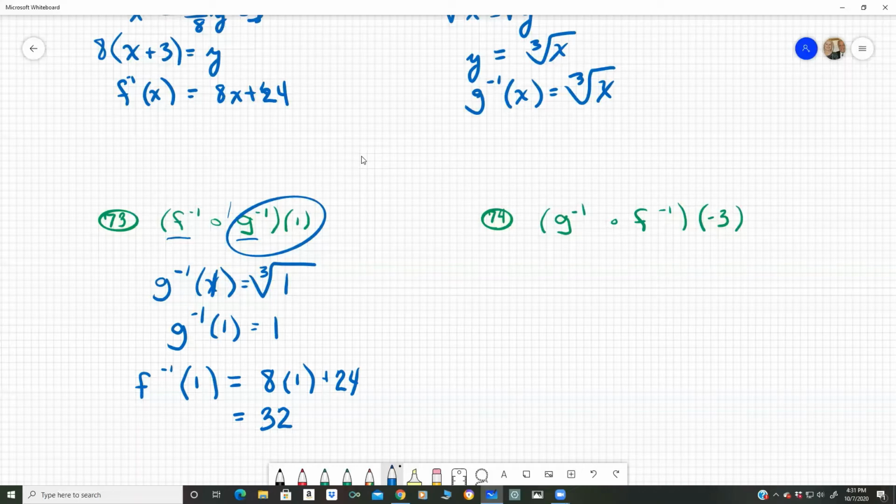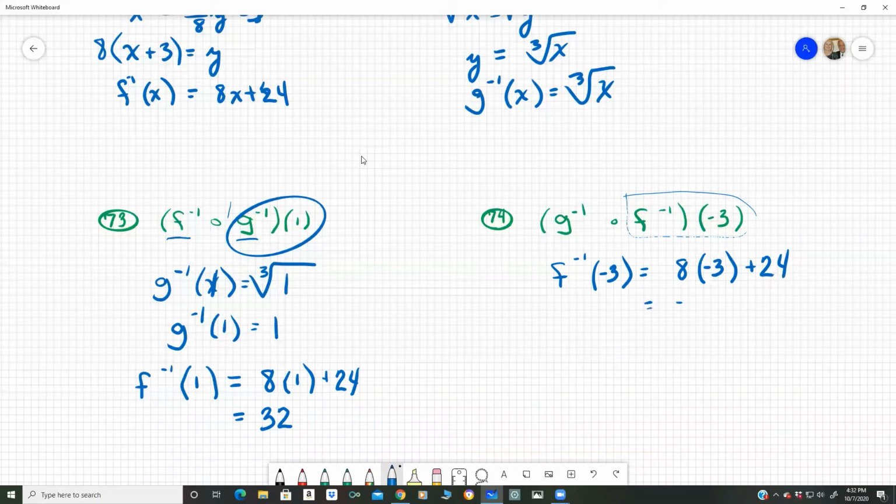Now as we come over to the next problem, see if you can do that on your own. We'll be, again, starting over on this side. And we'll first need to find the inverse of the f function at -3. Isn't this convenient?